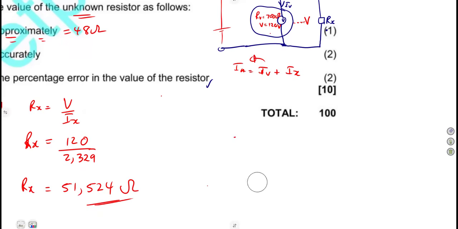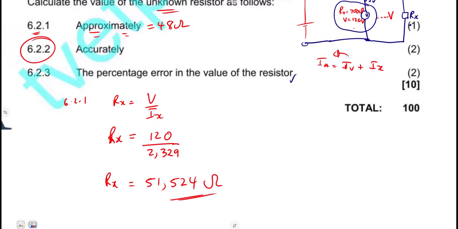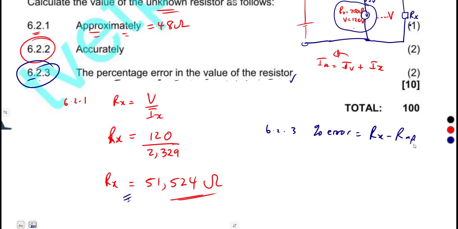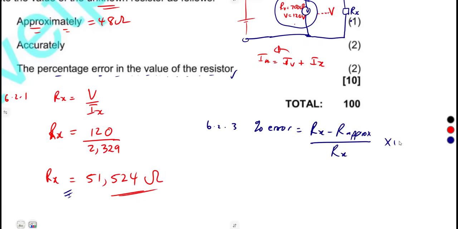Another one was to determine the percentage error. 6.2.3, the percentage error in the value of the resistor. Percentage error is the accurate value minus the approximate value, over the accurate value, times 100%.